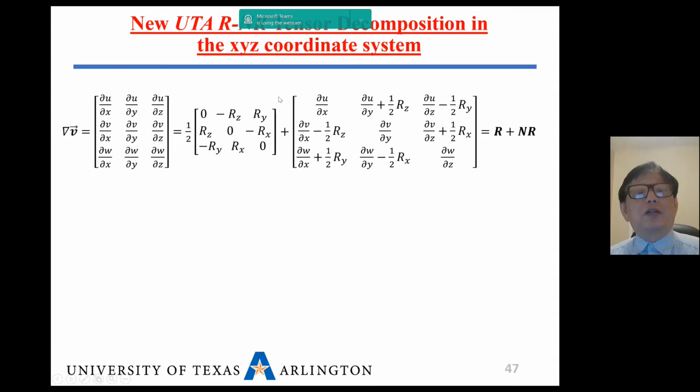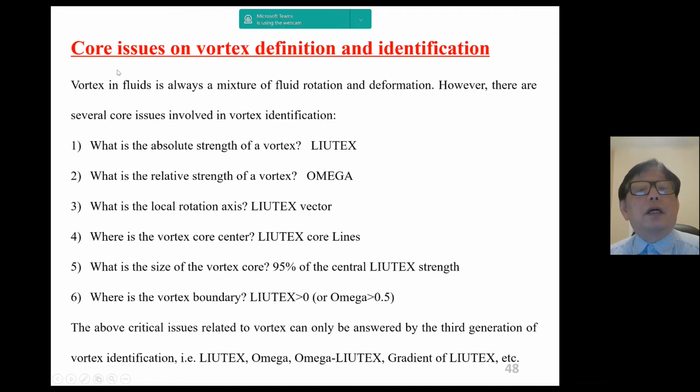It is also easy to do in any coordinates, in original coordinates, since the Rortex is Galilean invariant. It is not related to the coordinate.